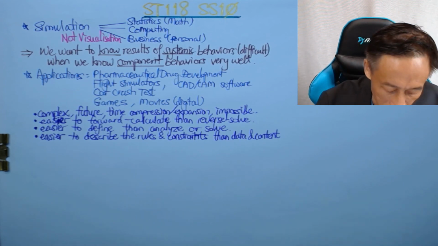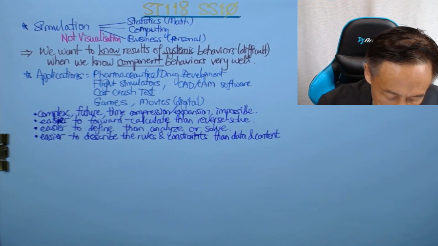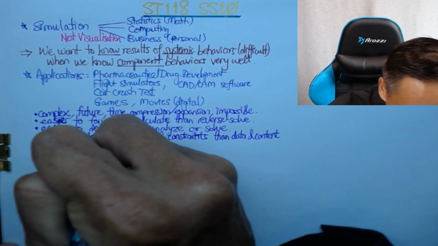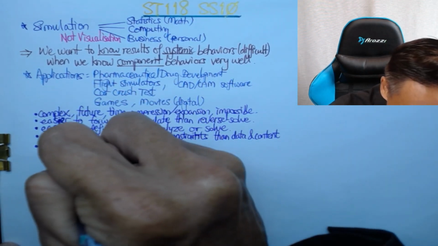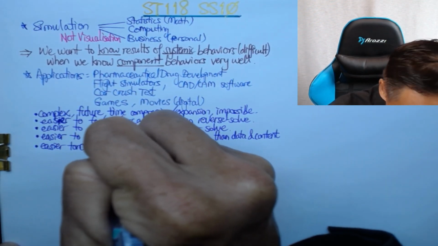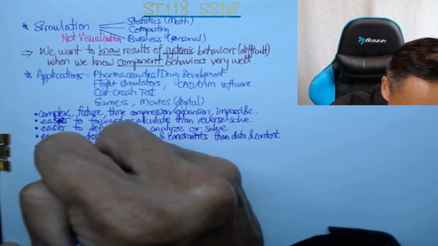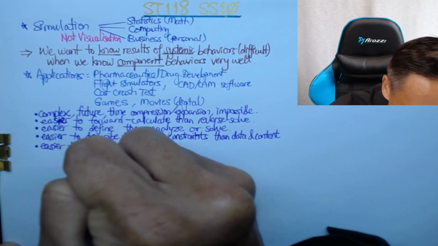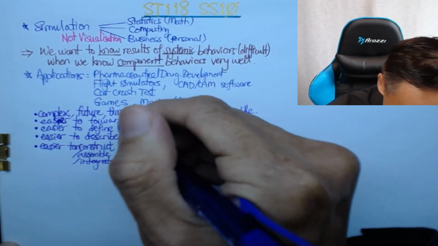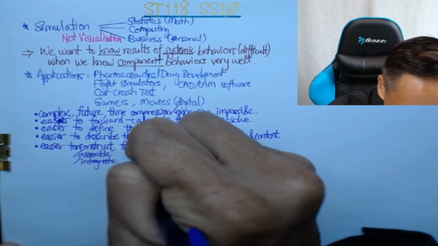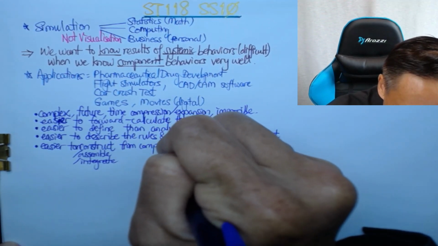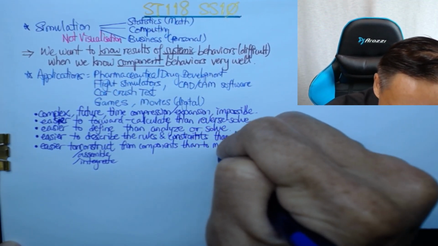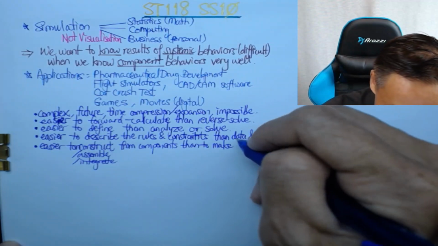So that's another area. And then, of course, it's easier to construct, assemble, integrate from components than to make a monolithic system.